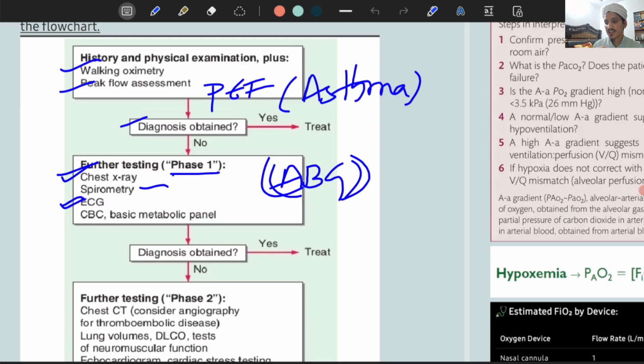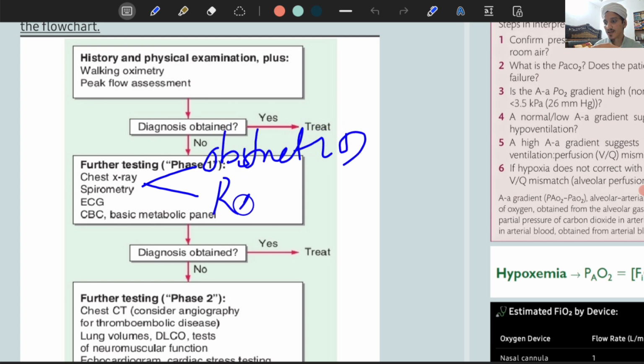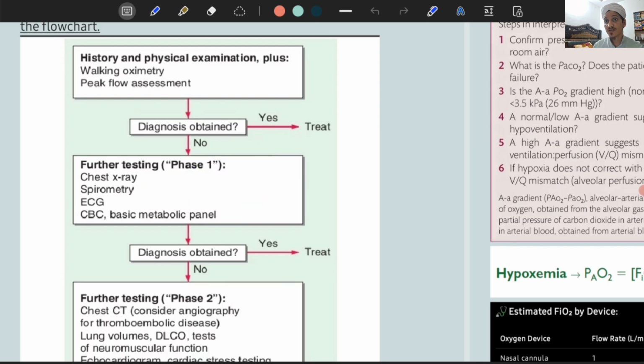And spirometry you will do. Spirometry will reveal whether it is an obstructive or restrictive lung disorder, and it will also help in gauging severity. Along with those, as we have discussed before, you will do CBC and a basic metabolic panel, which we discussed just now in the table.